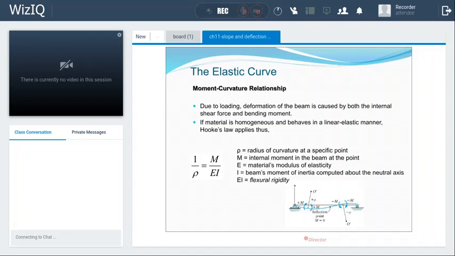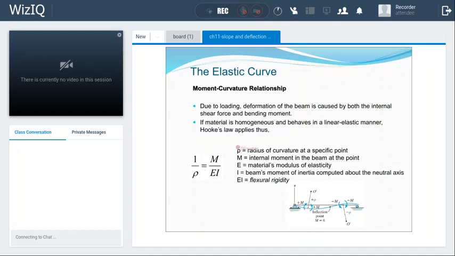As you might be aware, with the bending stress equation, which is given by Euler-Bernoulli, that equation gives you a relationship that M upon I is equal to sigma upon y is equal to E upon R. So we take that equation, and based on that equation we can say that 1 upon R, the curvature, will be equal to M upon EI, where M is the bending moment, E is the modulus of elasticity, I is the beam's moment of inertia about the neutral axis, and EI is flexural rigidity.